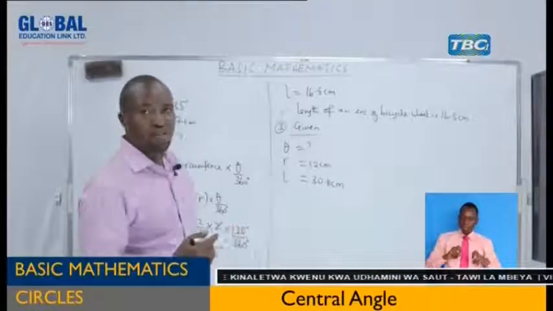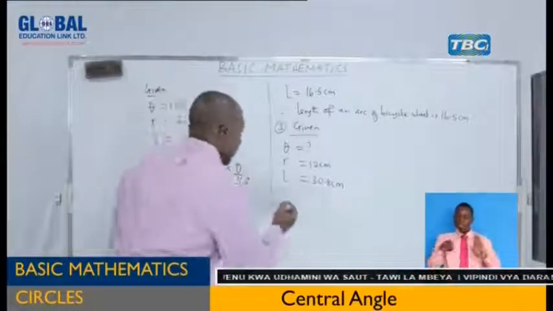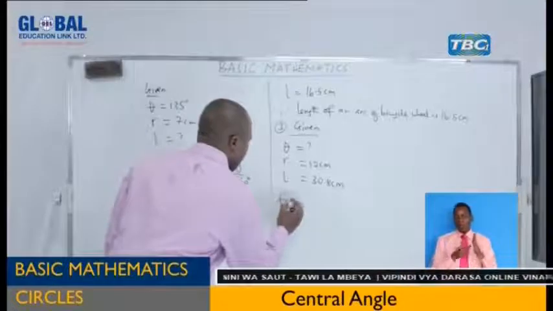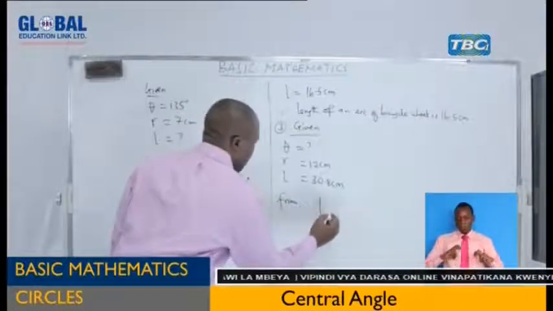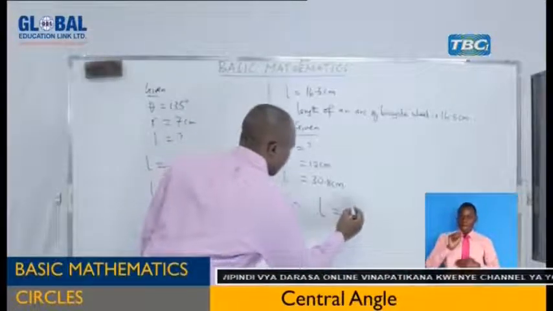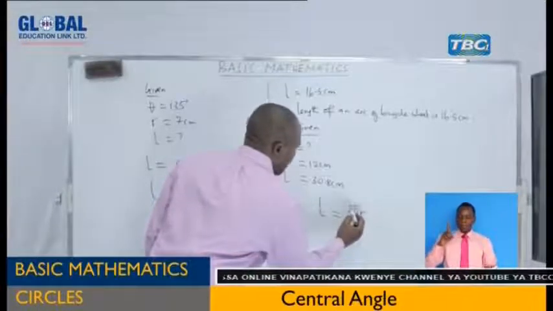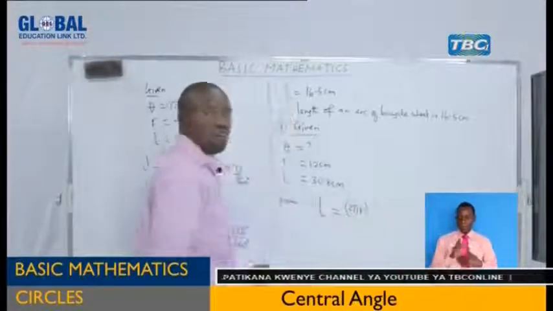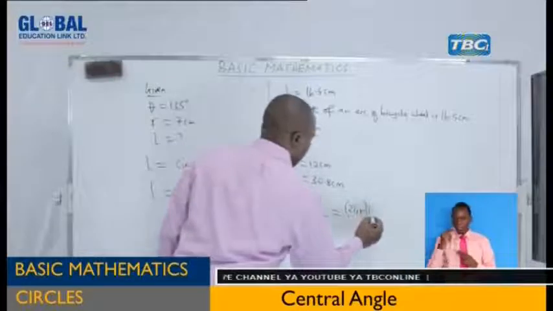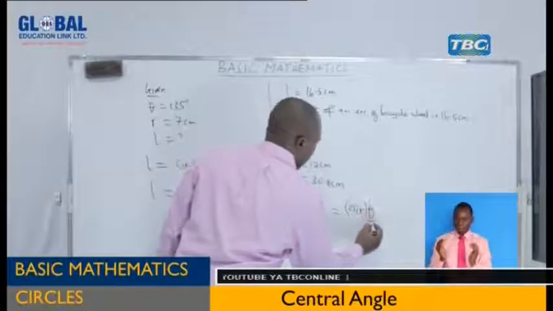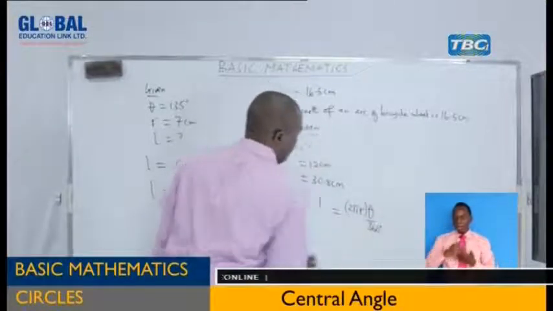Now from our formula for the arc length, we said that the arc length is equal to 2 pi r, that is the circumference of the circle, times the central angle over 360.